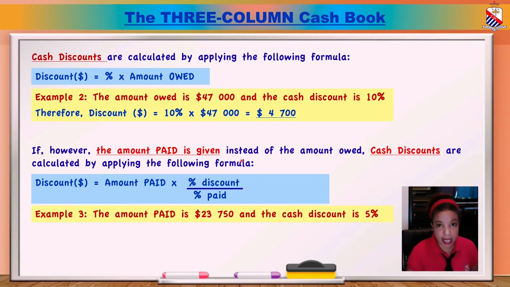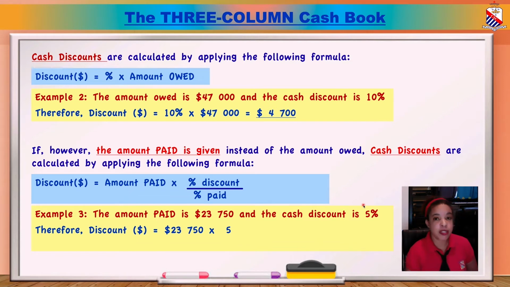The amount paid, which they gave you, not the amount owed, they gave you the amount paid, $23,750. The discount is 5%, which means that to work out your discount amount, it will be the amount paid, $23,750, multiplied by 5, not 5%, which is 5 over 100, but 5 over the percentage that was paid, which would be 95.